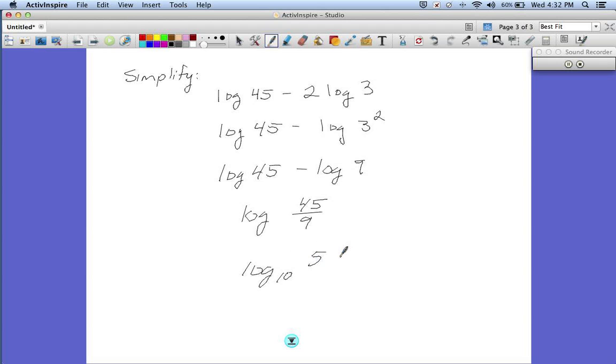And if we want to take that and give ourselves an approximate answer, we can say, hey, I remember that 10 to some number equals 5. So I can approximate that y must be between, well, 10 to the 0 is 1, and 10 to the first is 10. So my answer is somewhere between 0 and 1.